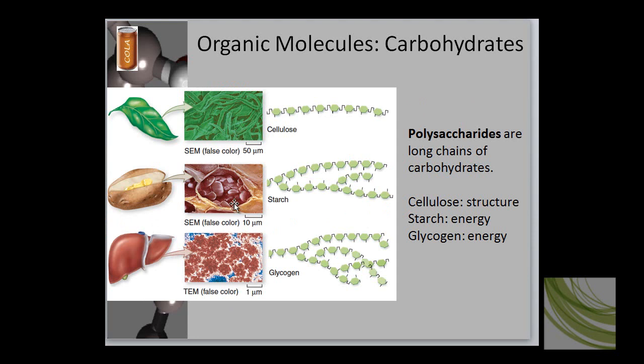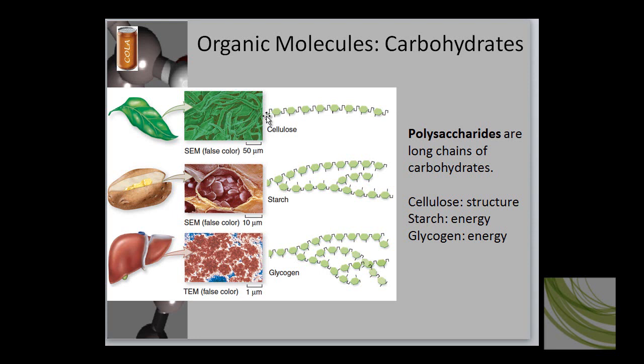Rice. We can digest starch. Glycogen is a storage substance of glucose molecules strung together. This is our storage medium for glucose in animals. It's found primarily in places like the liver. Plants make starch. We can eat both of these.